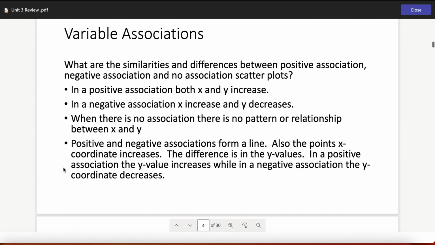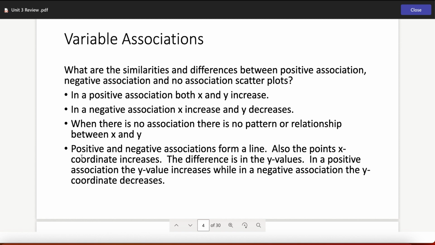The fourth bullet is positive and negative association from a line. Also, the points' x coordinate increases. The difference is in the y values. In a positive association, the y value increases, while in a negative association, the y coordinate decreases.